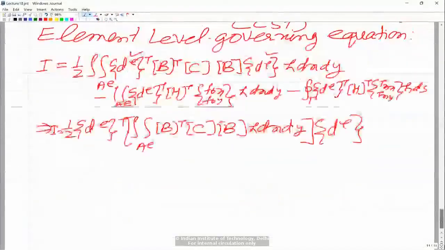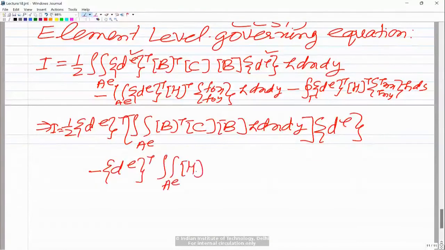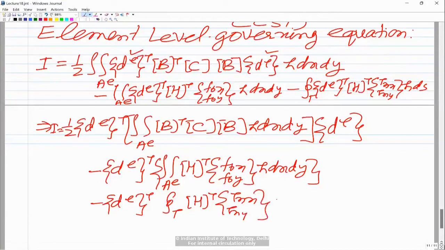And then we have this external load vector, so that also we can write: minus d transpose, and then we can have integration over area, and then we have H transpose into fbx fby, h dx dy, and then we have the last term, minus again d transpose, and then the boundary integral, and we have now again H transpose tnx tny, and we have h into ds.